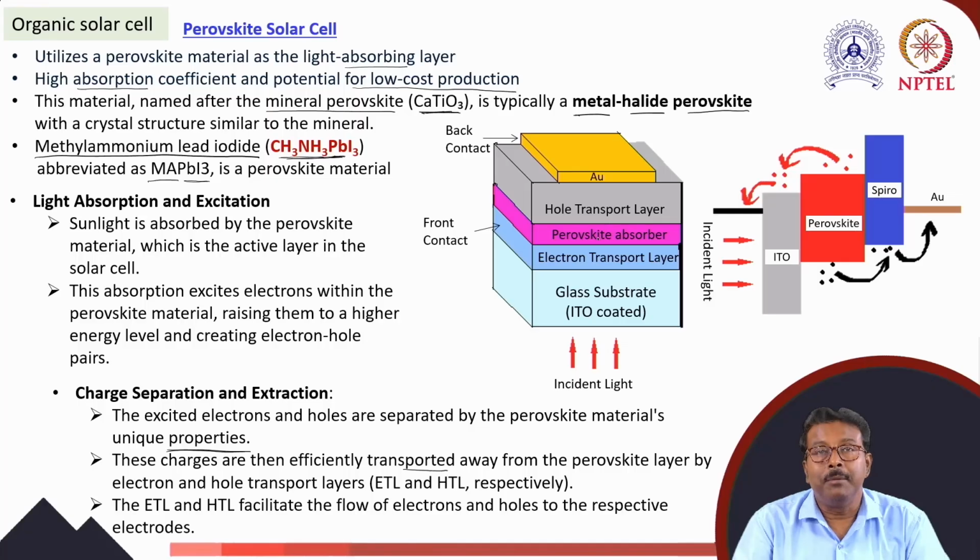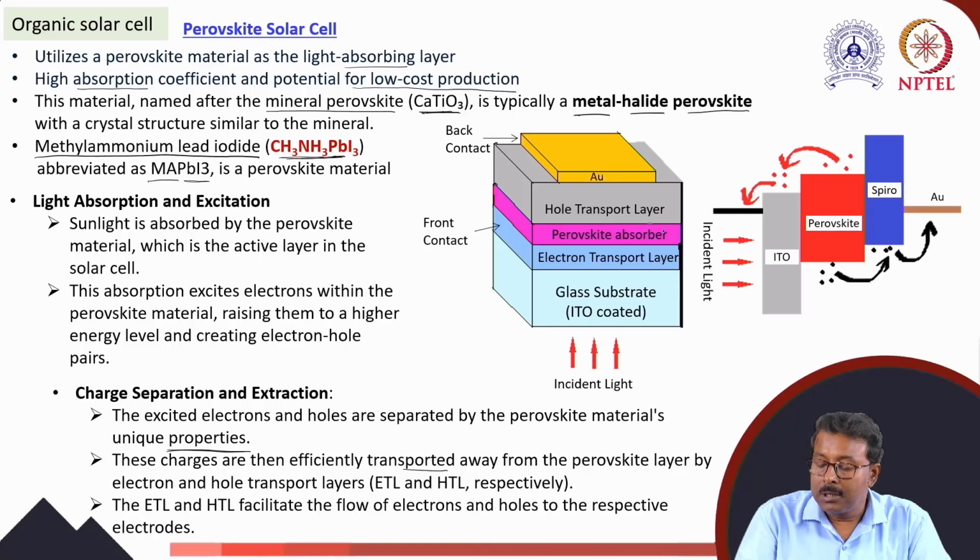But at the same time, you should remember that trap centers or defect centers will increase with increasing thickness of the perovskite layer. So the thickness of the perovskite layer should be optimum.